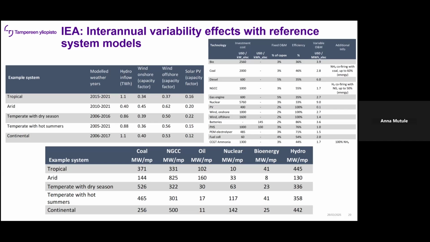For example, in tropical regions where hydro availability is limited, systems rely more heavily on gas turbines and storage. In contrast, continental zones benefit from stronger wind resources and seasonal hydro, reducing their dependence on thermal capacity. Each system's optimal mix reflects a cost-effective balance between reliability, emission targets, and climate constraints, helping to inform future system designs under variable, renewable-dominated conditions.